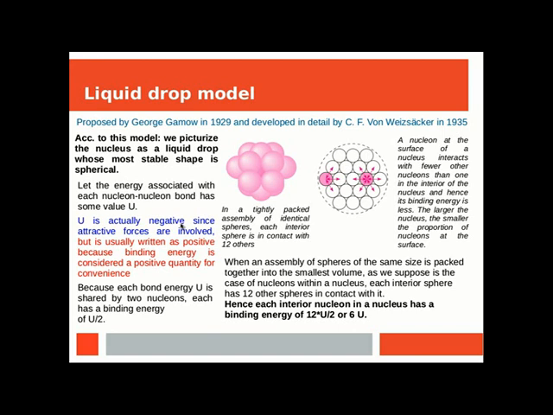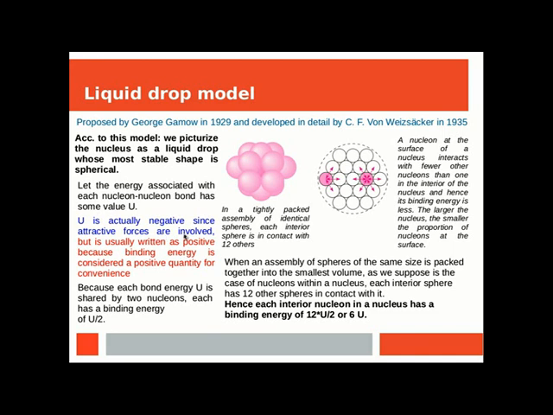Suppose a nucleus has a certain number of nucleons. A particular nucleon bond has some value of energy equal to U. This U should be negative because the nucleon bond is attractive in nature. So the energy associated with attractive forces is always negative.